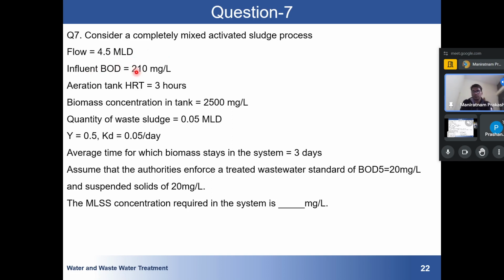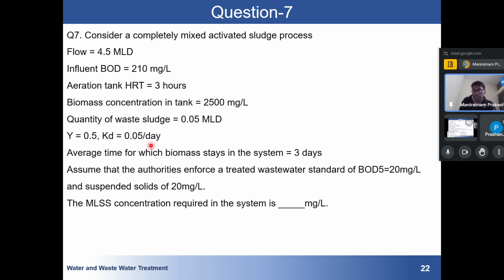Influent BOD 210 milligram per liter. Aeration tank 3 hours. Biomass concentration in the tank is 250 milligram per liter. Quantity of wastage sludge, remember this thing, 0.05 MLD. Then there is the yield coefficient, the detail of which has been discussed with you in class.